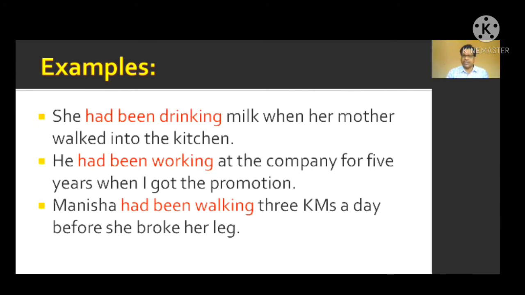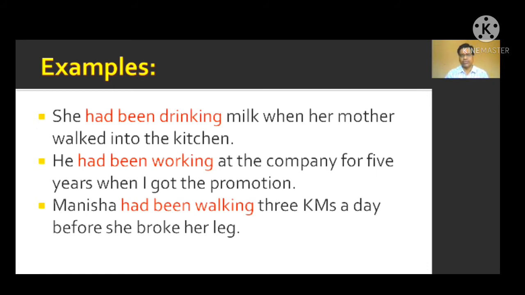It means he probably joined in 2015. When I got my promotion, at that time he had been working in the company for the past 5 years. So had indicates past, been indicates perfect, working indicates progressive, that is continuous. And this is how this sentence is in the past perfect continuous tense.